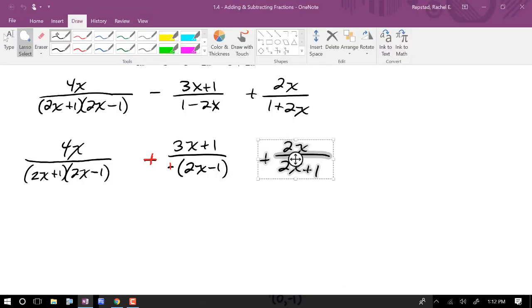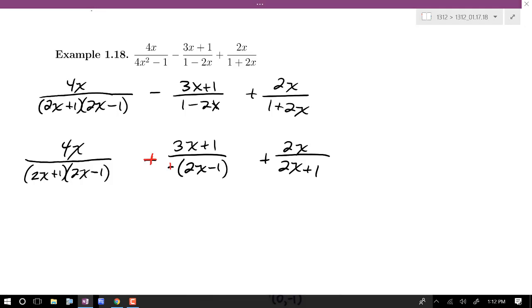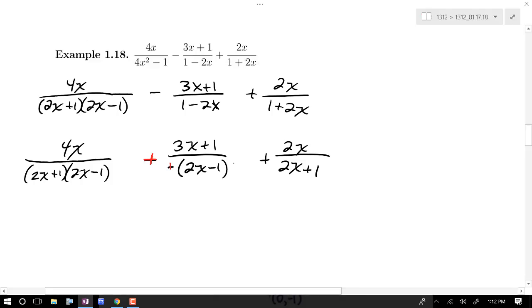Nothing. It's got everything. What about the second one? 2x plus 1. It needs a 2x plus 1. And how about the last one? 2x minus 1.